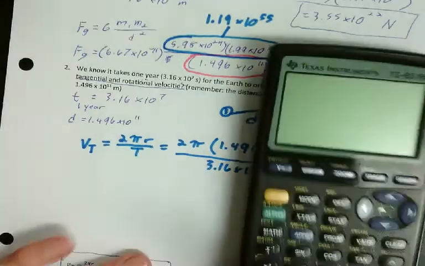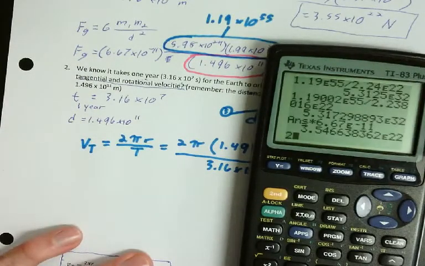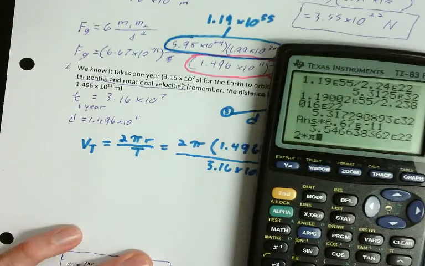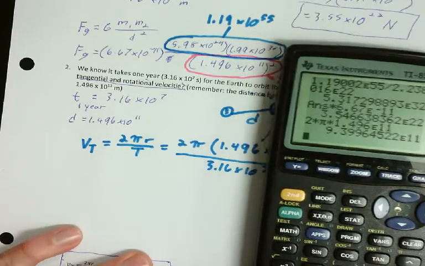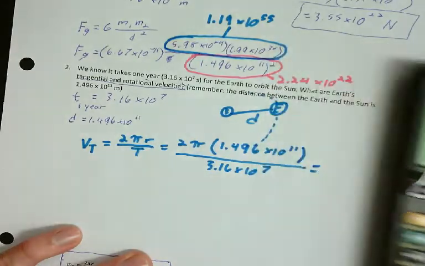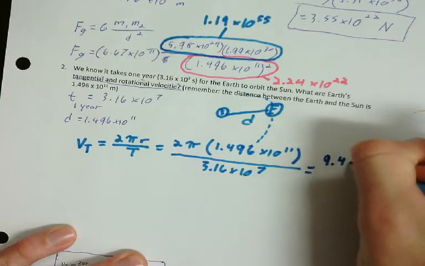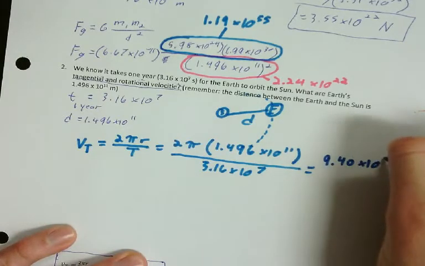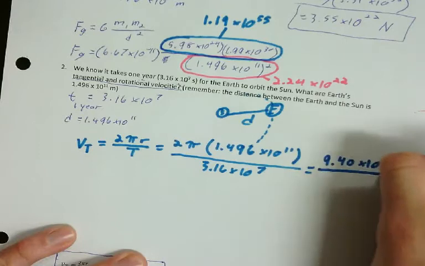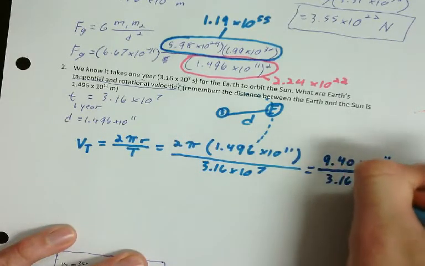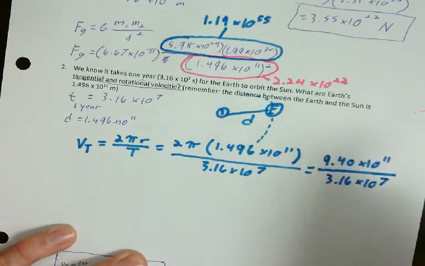So 2 times pi, and you can put 3.14, that's totally fine, times 1.496 to the 11th. When I multiply those three things together, I get 9.4 times 10 to the 11th, divided by 3.16 times 10 to the 7th.